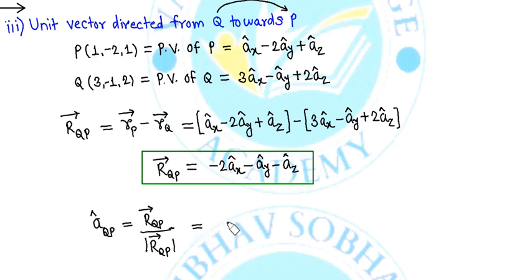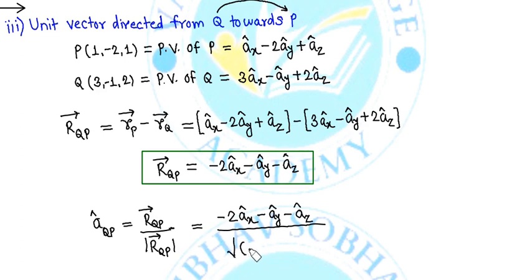So we have the distance vector RQP to be minus 2ax cap minus ay cap minus az cap divided by the magnitude of that distance vector QP.